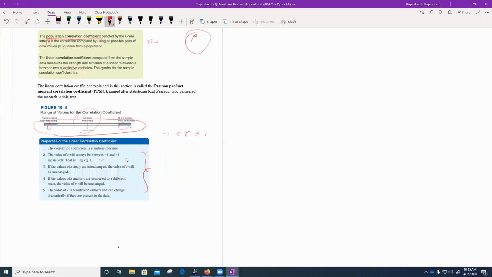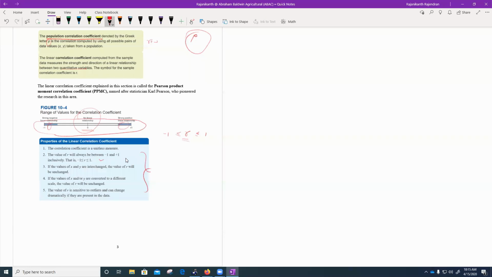That means if you switch your independent and dependent variable, your r value is always going to be the same. That's no difference. If the values of x or y are converted to a different scale, the value of r is again unchanged. So you could rescale your independent or dependent variable.